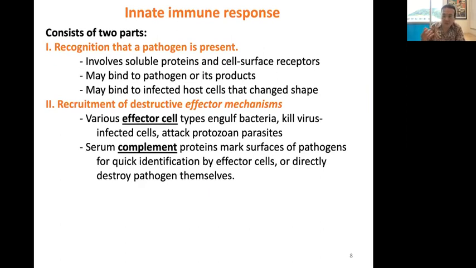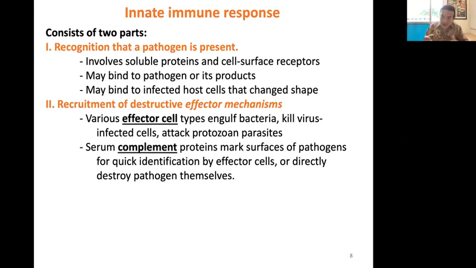These soluble proteins and receptors may bind directly to the pathogen surface, or they may bind to different products that are given off by something like a bacteria. A living bacteria oftentimes releases different types of components. And if those are very generic types of signals that have been seen time and time again over evolution, then your innate immune system has evolved to recognize those types of things as well.